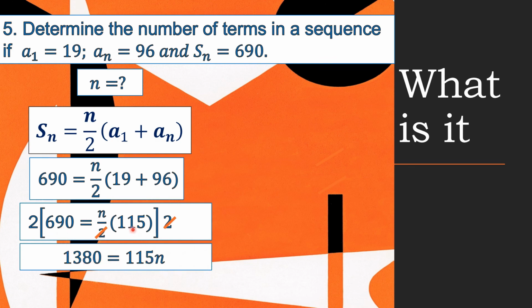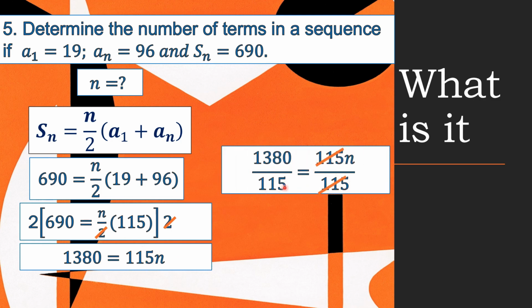And then, of course, we need to multiply this 2, magiging 115n. And then, to remove 115, we're going to divide both sides by 115. So, 1,380 divided by 115, that is equal to 12. So, ang value ng n natin or yung number of terms natin in a sequence is equal to 12.